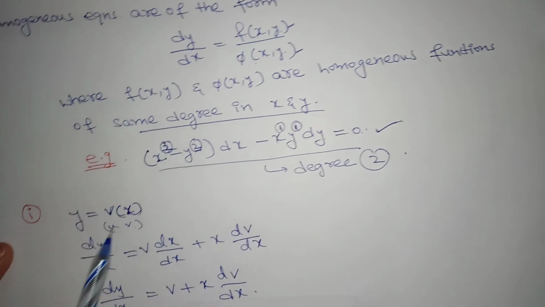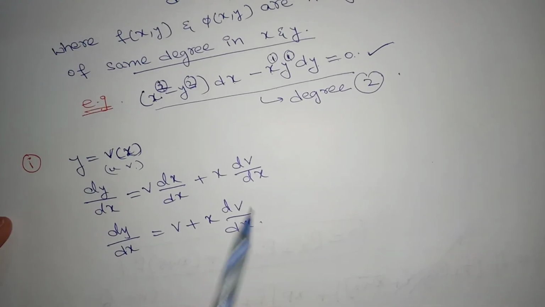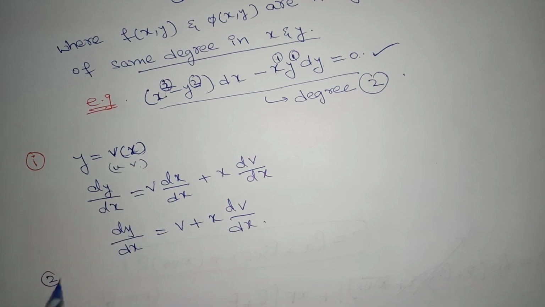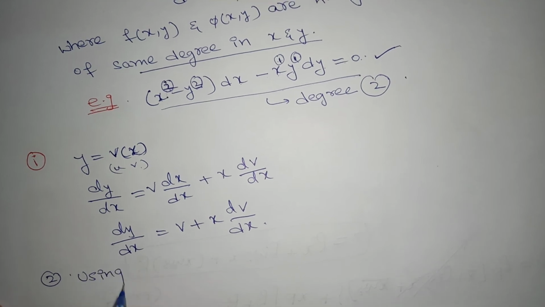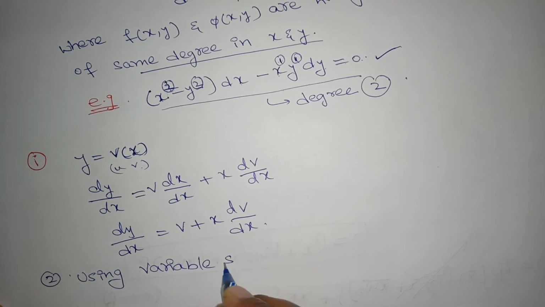First take y equals v into x to solve a homogeneous equation. Now differentiate this y equals vx with respect to x. Now the next step is using the variable separable method.